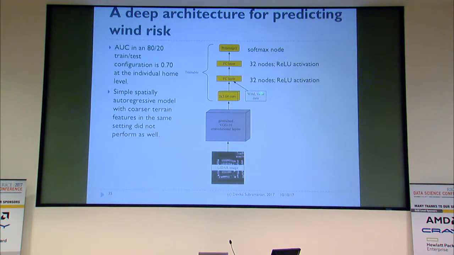Then we put the wind and all of the tax information, the HCAD information up here, land cover and all of that. So this is integrated in this pipeline, LiDAR image, a pre-trained VGG convolutional layer, and I'm running out of time, so I will tell you that this model is able to predict at 0.7 at the individual home level. This I actually believe.